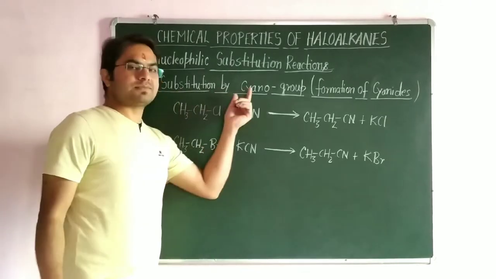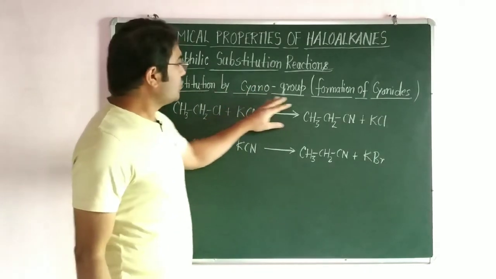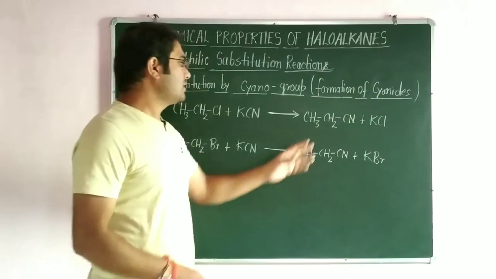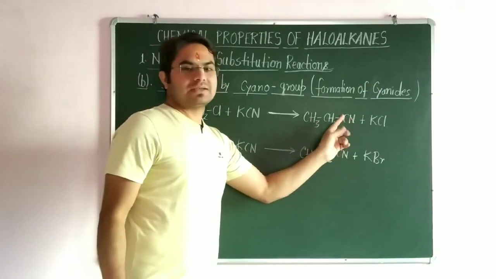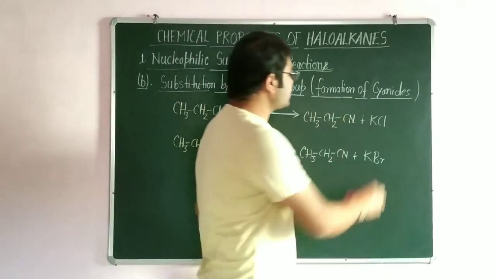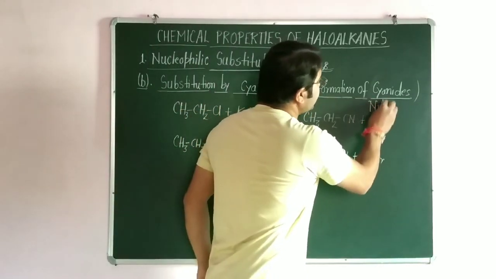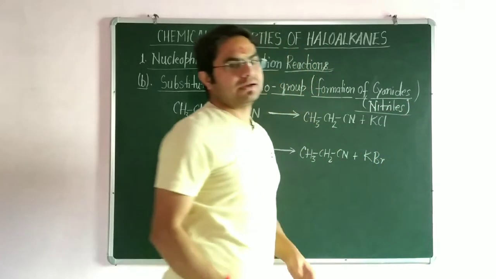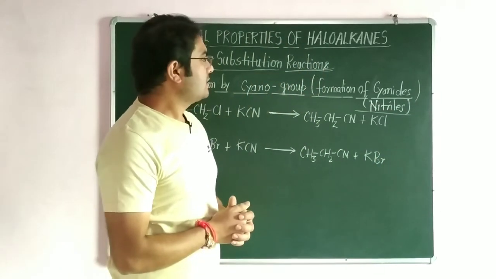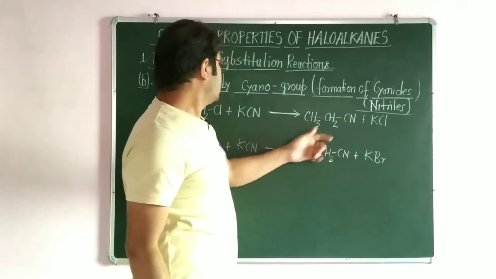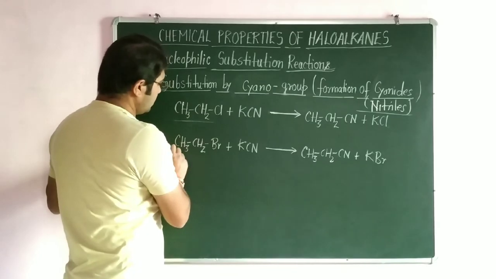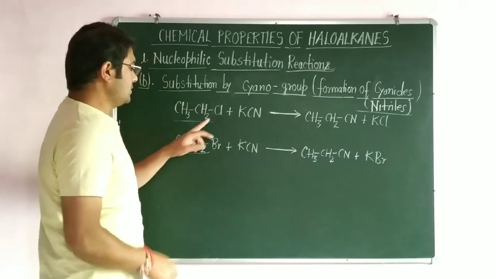Now the next is substitution by cyano group, known as formation of cyanides. The final product formed here is alkyl cyanides, and cyanides are also known as nitriles in IUPAC. This is again a very simple reaction when chloro derivative or bromo derivative, whatever we use.